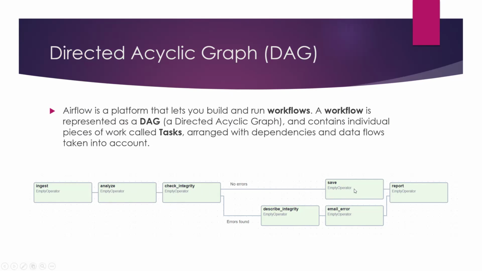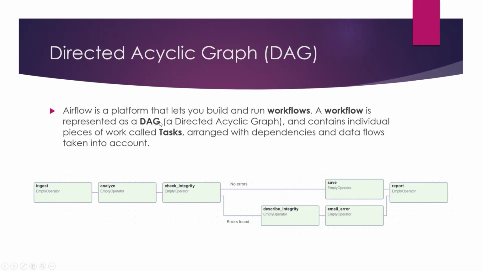But we cannot get back to the old task, as that would become a cyclic graph. So we must move in a unidirectional way and we cannot move in a bidirectional way. That would be a cyclic graph.